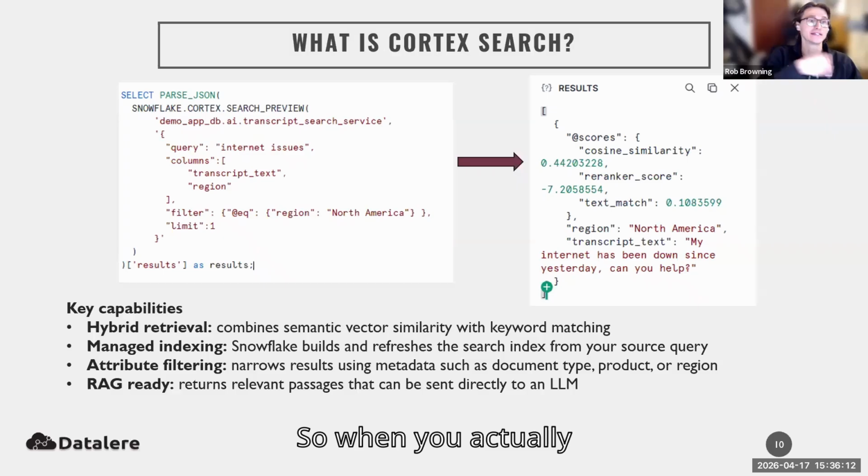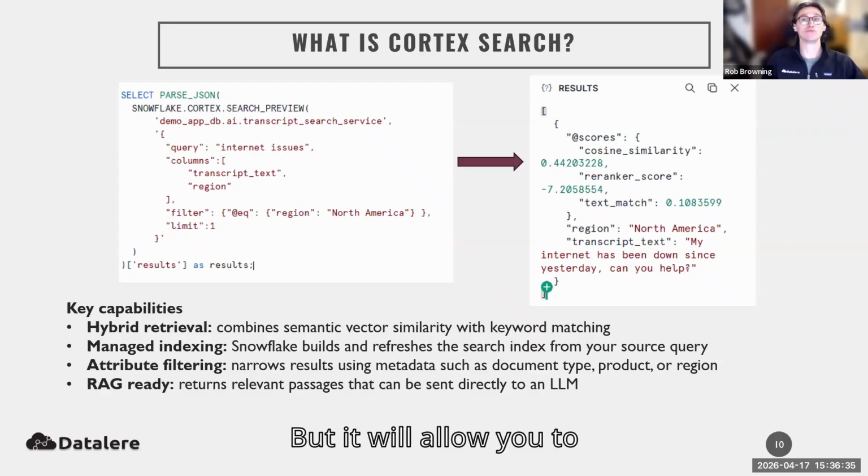So when you define the search service, you tell it the source data query that it's going to be refreshing, then you tell it the compute warehouse, and then the refresh interval, which is another thing we'll get to in just a moment.